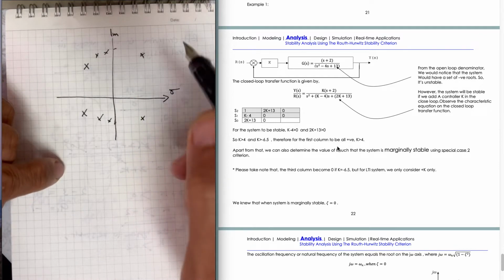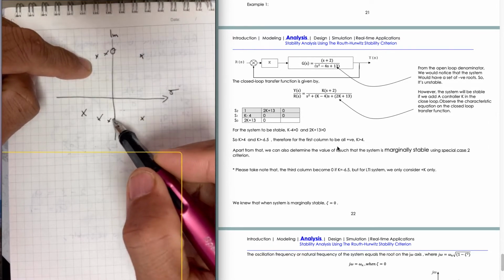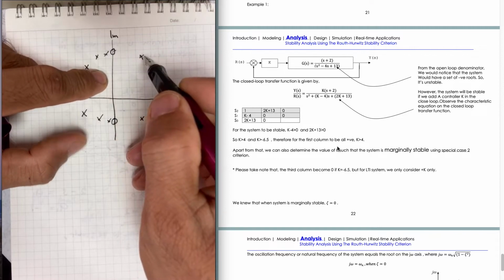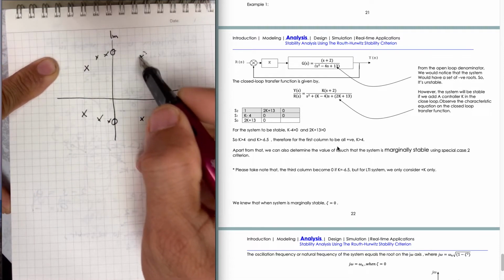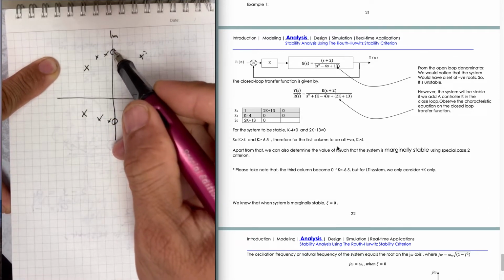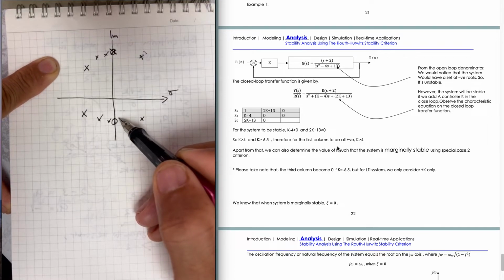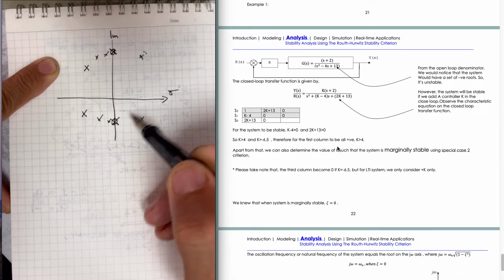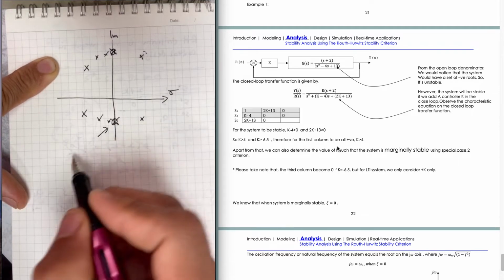What we need to find is when the system crosses that point here. We know that the system is unstable here, but we don't know exactly what the point is. We can be sure that if the system crosses it, it will fulfill special case 2.